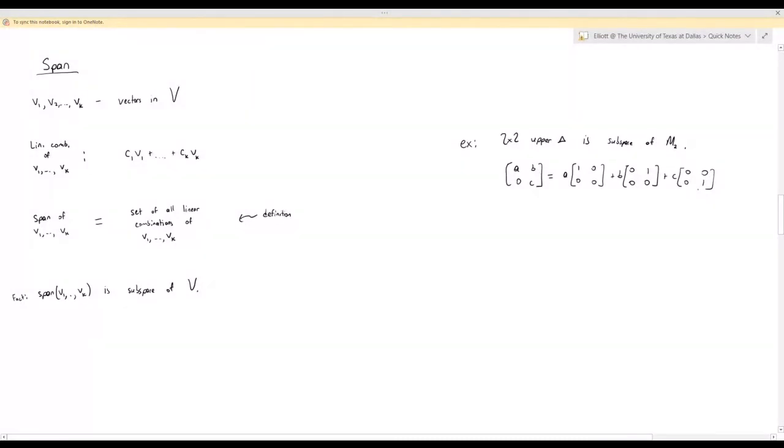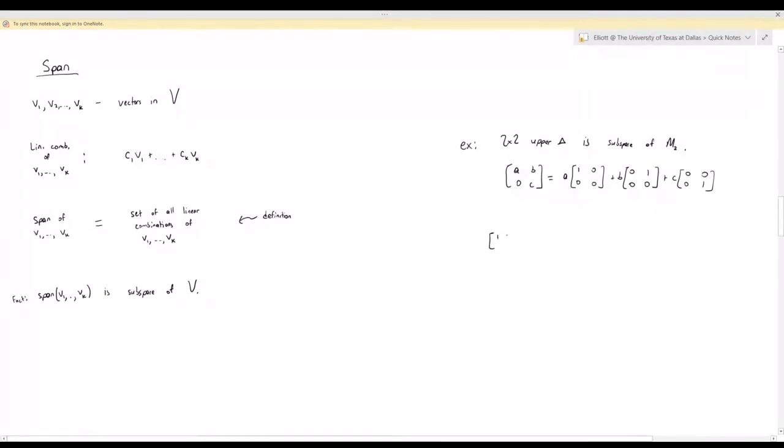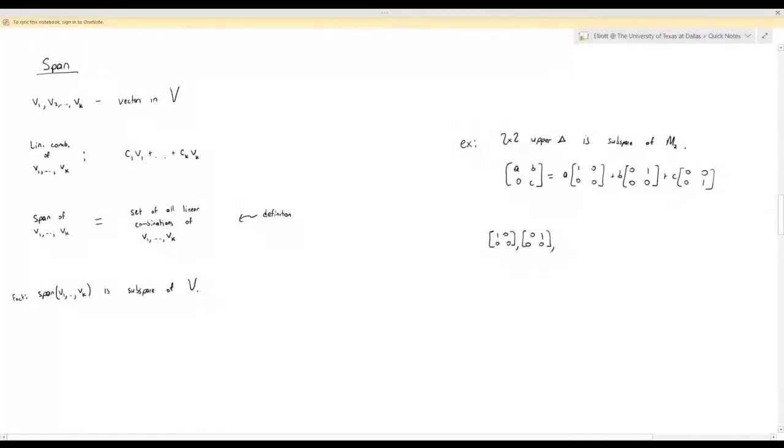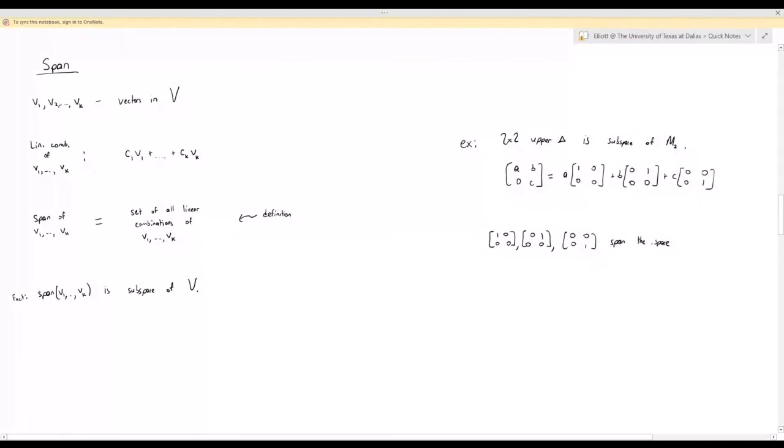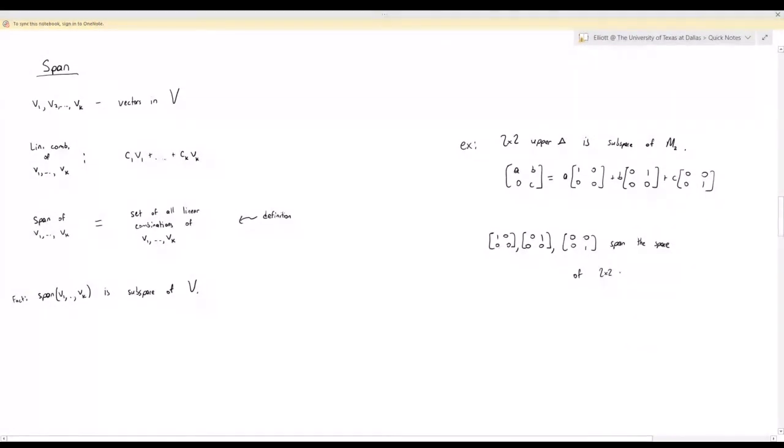So if you take the set of all linear combinations of these 3 matrices, that will produce the set of all upper triangular matrices. Therefore, these 3 upper triangular matrices span the space of 2 by 2 upper triangular matrices.